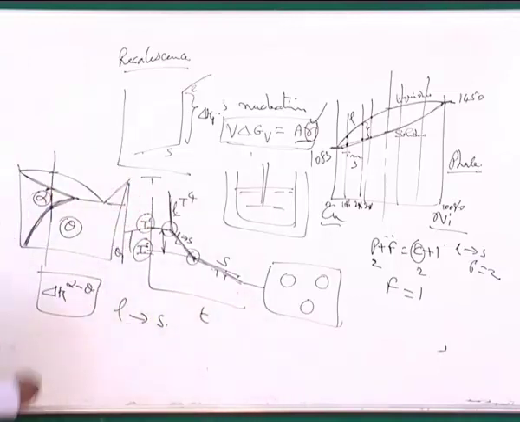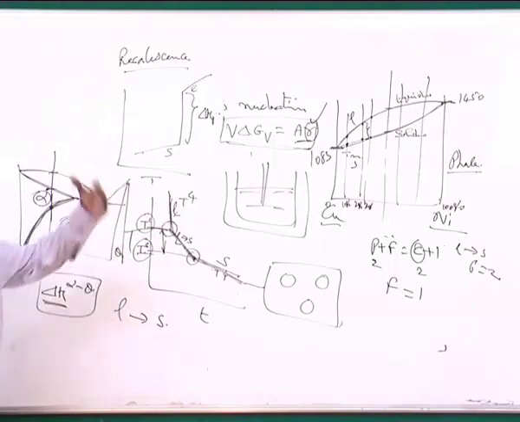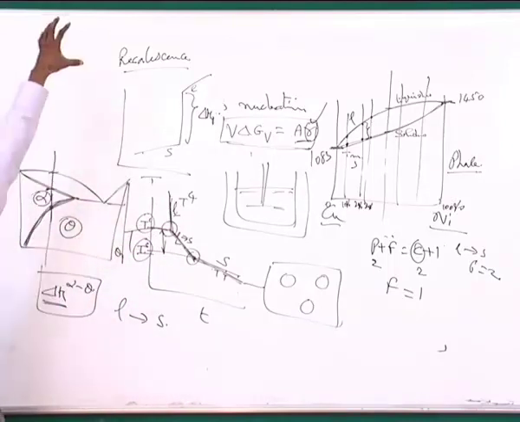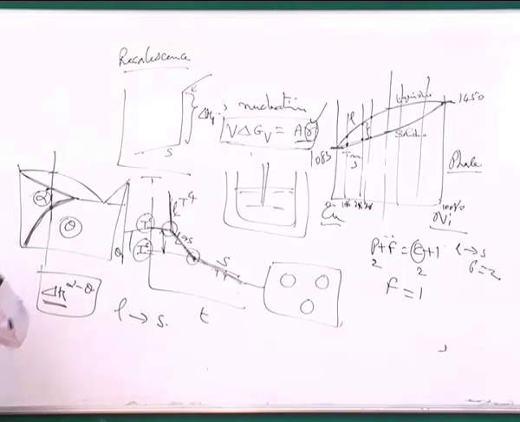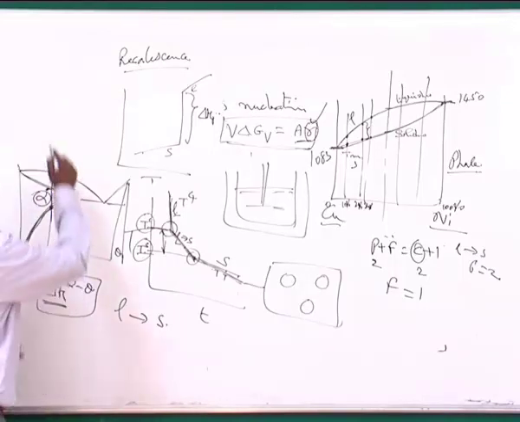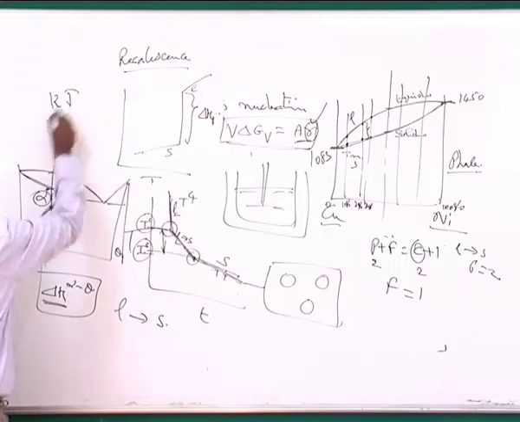But the problem is that this delta H difference in the solid state between any two solids is not as large as the delta H difference between a liquid and solid, because between liquid and solid there is a significant difference in terms of the structure. Liquid is random arrangement of atoms, whereas a solid is having a crystalline arrangement of atoms. So there is a significant delta H difference, which is usually of the order of certain kilojoules.